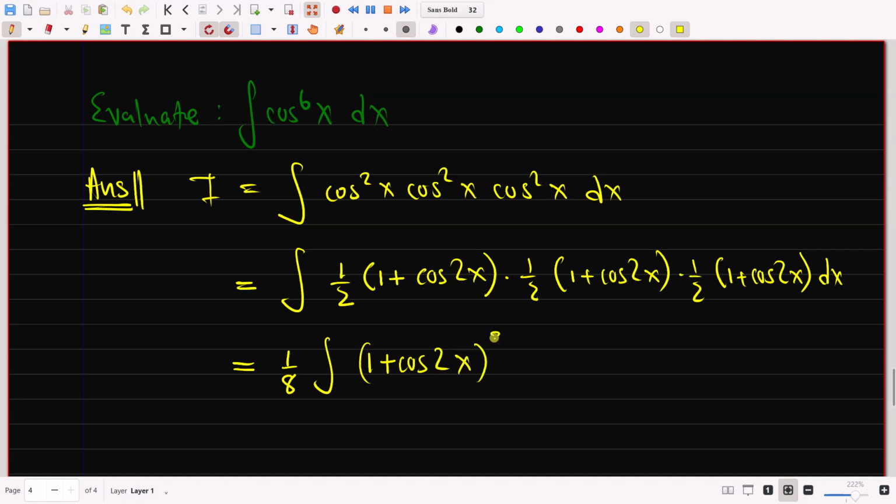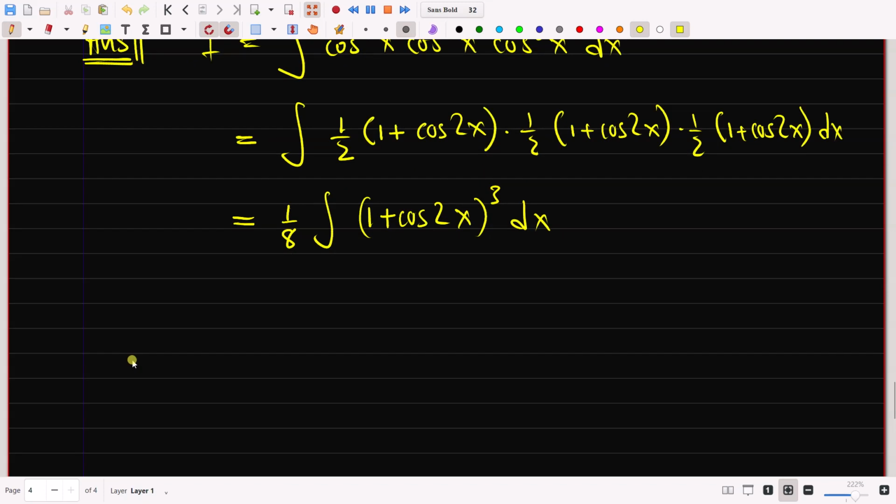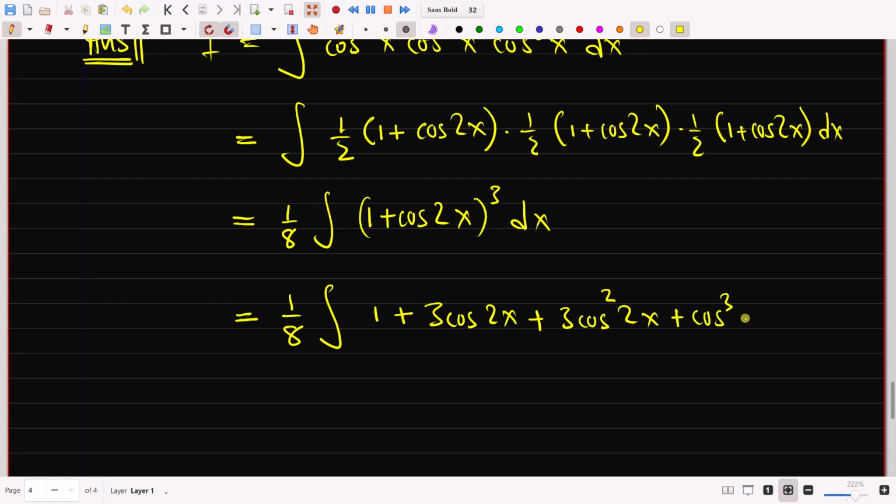So we'll get 1 plus 3 cos 2x plus 3 cos 2x squared, then plus cos cubed 2x, dx. So this one is a very dangerous problem for now.